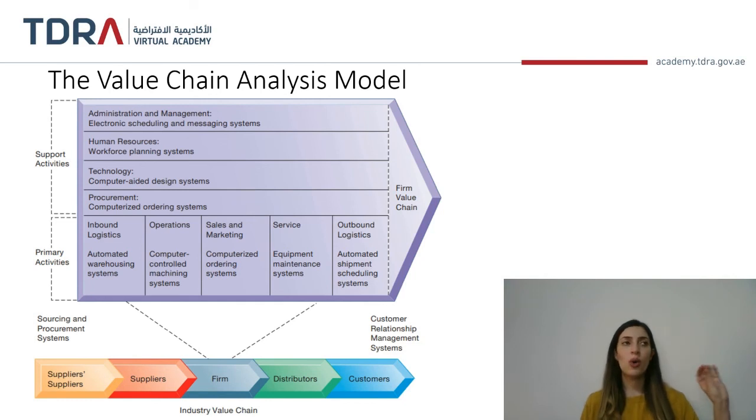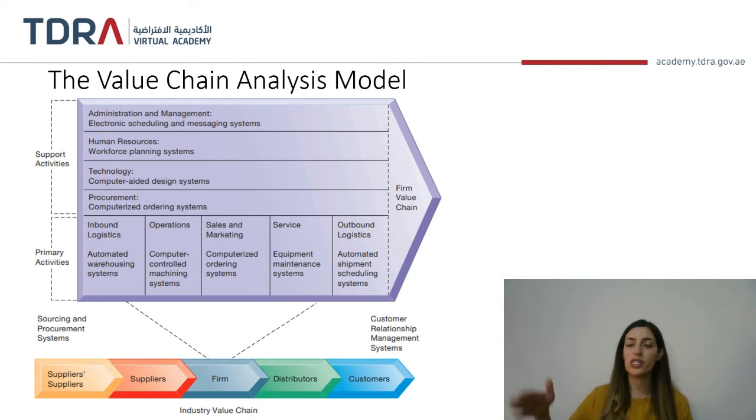So it all starts at the very beginning from these suppliers to other suppliers to the firm, then to distributors, then finally to customers. You can say to wholesalers, retailers, then customers. So it starts at the very beginning with suppliers and ends at customers. So this is the industry value chain.